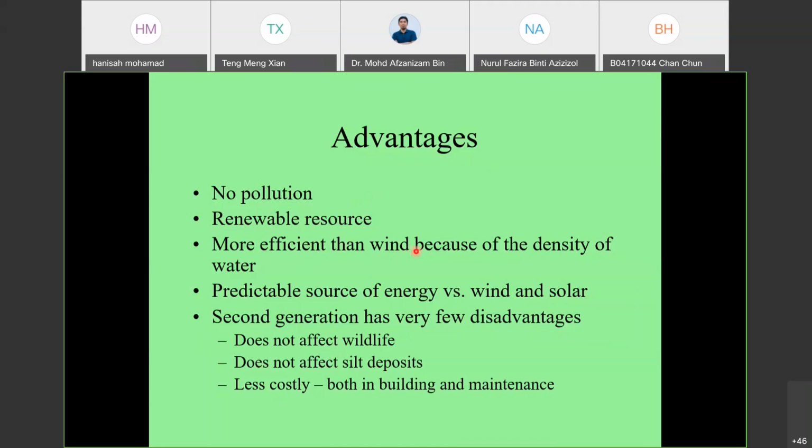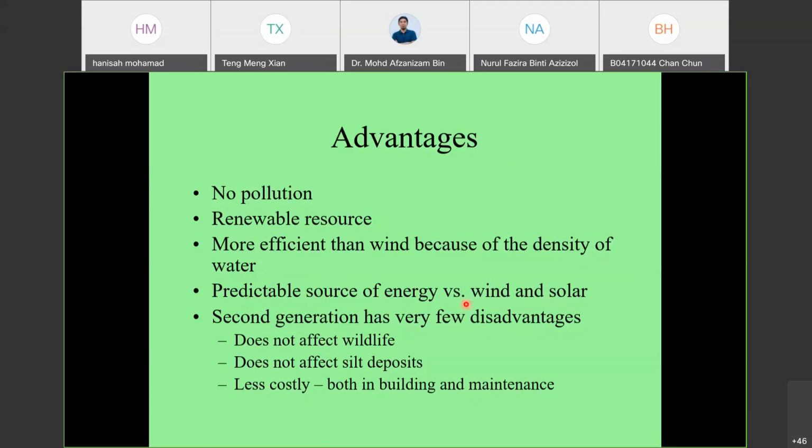It is more efficient than wind because of the density of the water, of course, as I mentioned just now, just a change of medium. Knowing that the wind goes one way, for this tidal you can harvest in two ways, during the forward and backward. So you can have continuous rotation from your blade to generate the power.